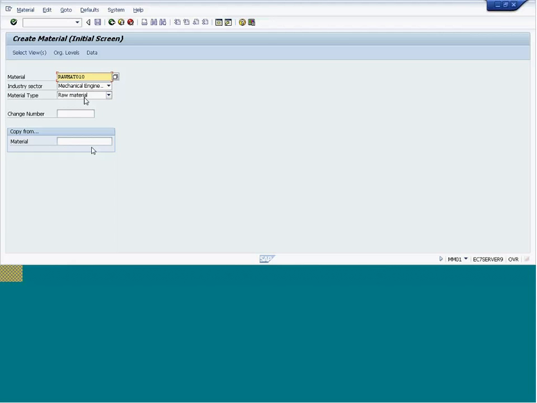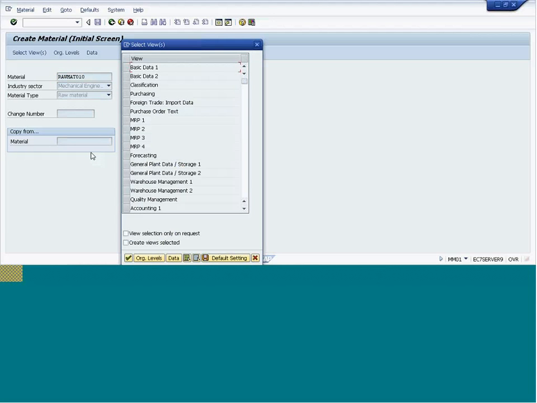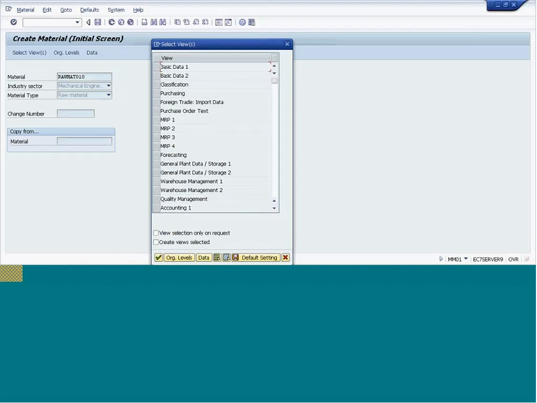I'm just going to show that. I'm creating a material now. The same material we are procuring from two different vendors with two different prices, or you want to maintain your inventory with two different prices. What will be the reason for that?